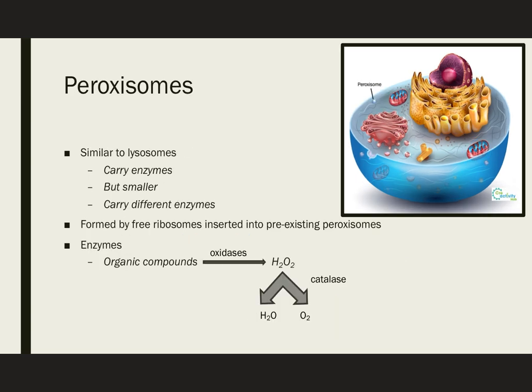Next, we arrive at the peroxisomes, and they are similar to lysosomes in the sense that they also carry enzymes. However, they are smaller than lysosomes and they carry different enzymes. Therefore, they will have different functions. Remember that the lysosomes were formed by budding off the Golgi apparatus. Now, the peroxisomes contain enzymes that are formed by free ribosomes circulating in the cytoplasm and are then inserted into the membranes of the pre-existing peroxisomes.